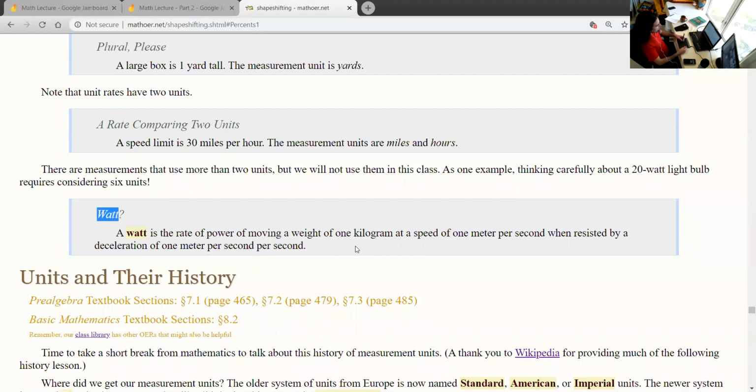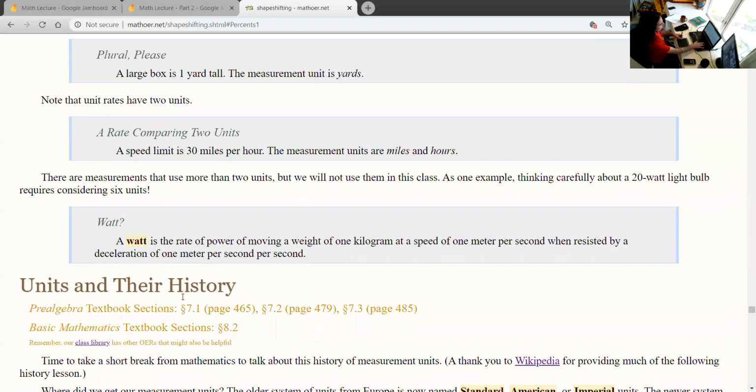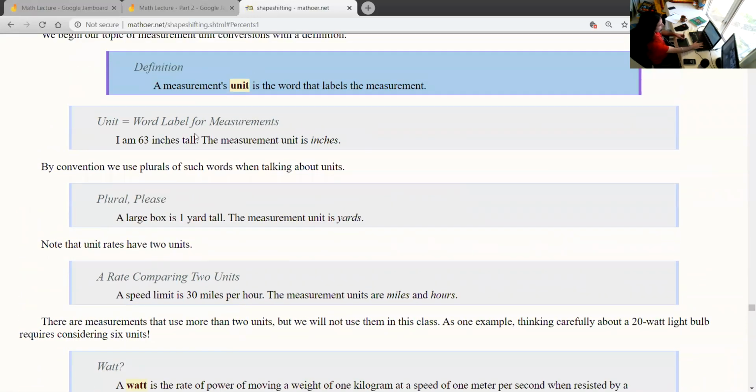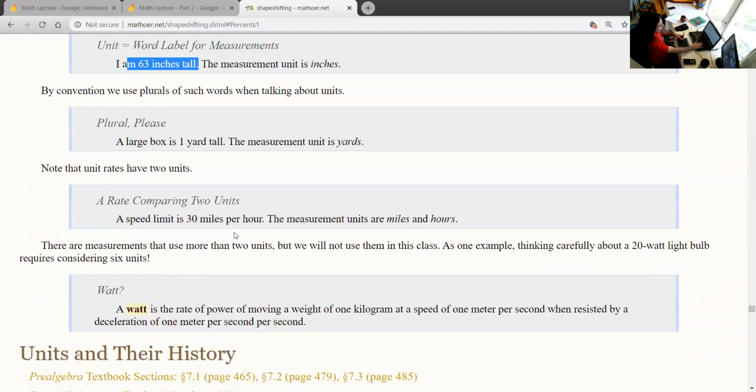So you can count how many units are in that thing, and it's a whole lot. But we're not going to do that. We're just going to use 1 unit, like how many inches tall I am, for when we measure things. Or we're going to use 2 units because we have a rate like miles per hour. And that's as complicated as we get in Math 20.